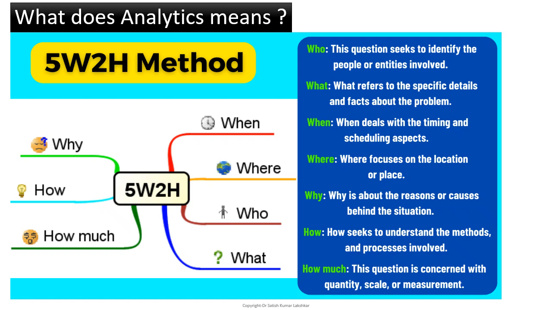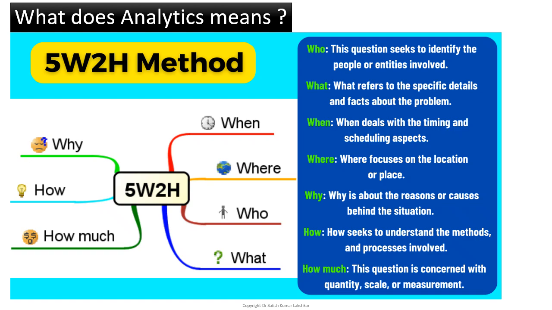Fifth, why is about the reasons or the causes behind the situation, why something has happened. Sixth, how seeks to understand the methods and processes involved; how something will happen, it is more about the process. Seventh, how much, it is about quantifying. This question is concerned with the quantity, scale, or measurement.